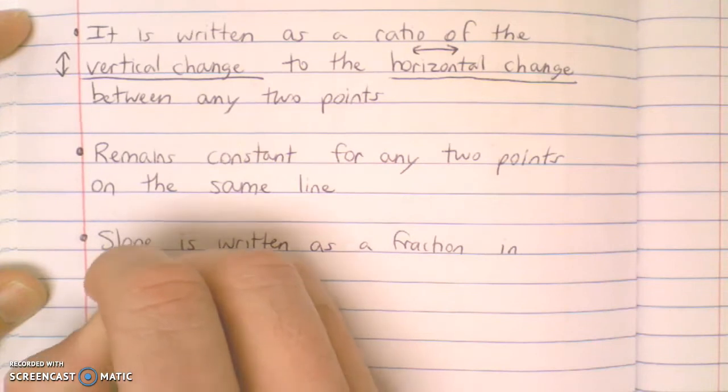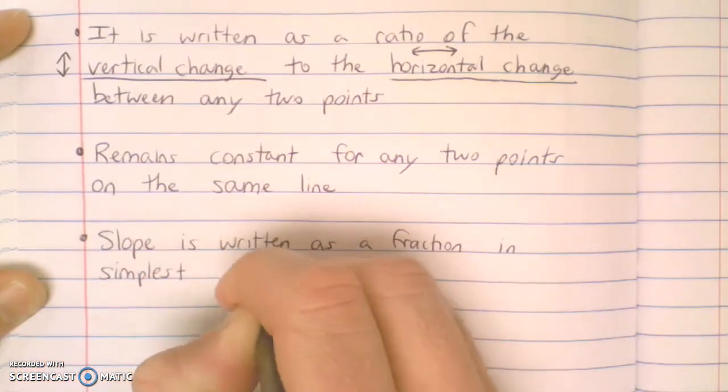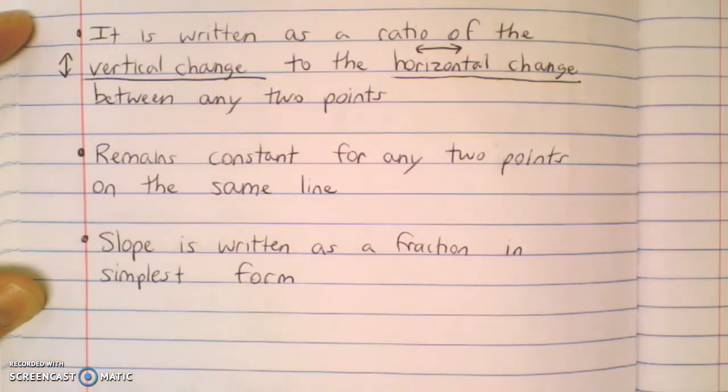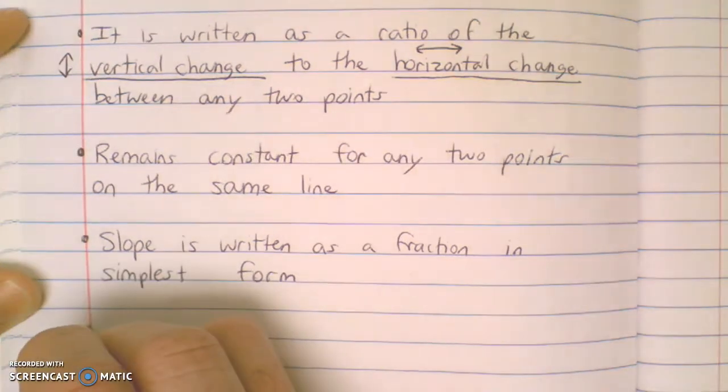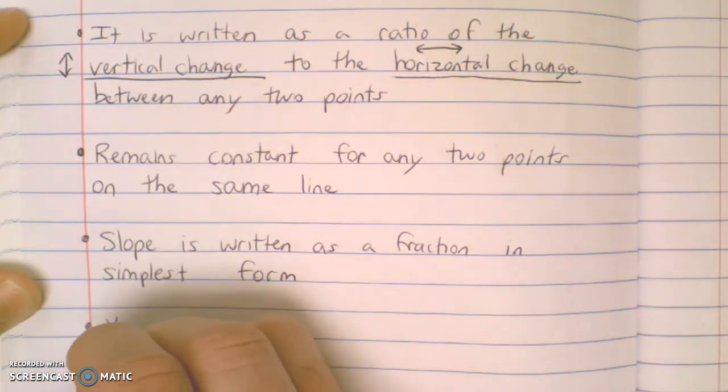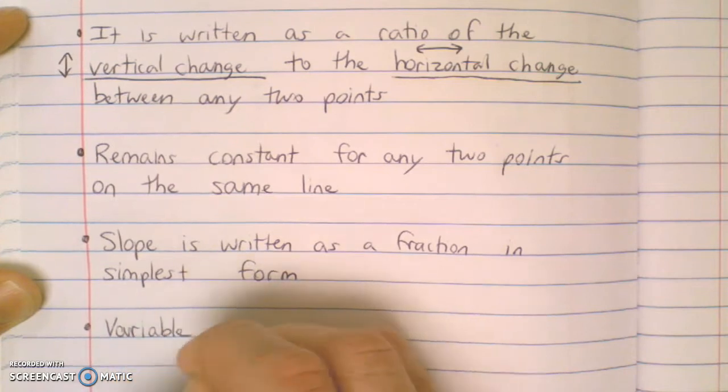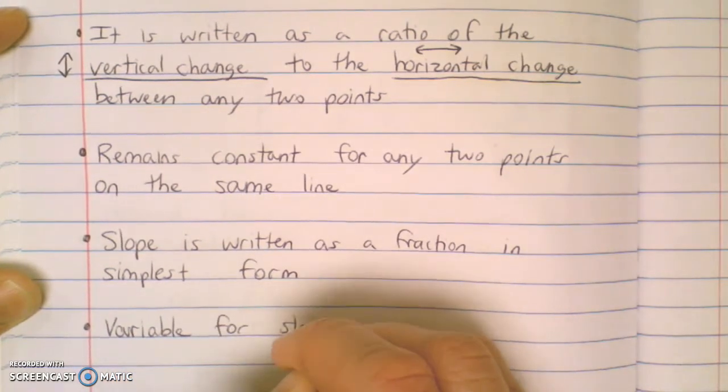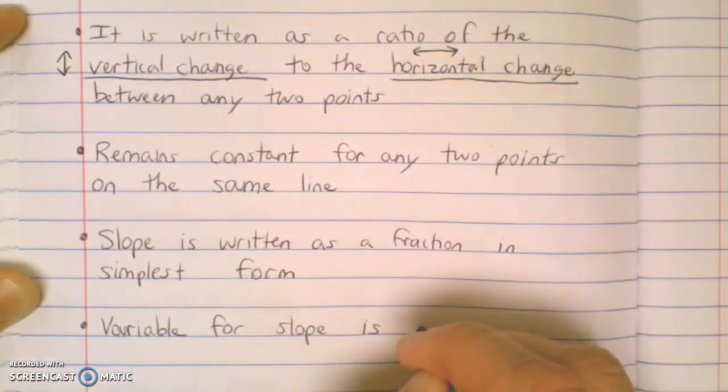So that means you have to reduce it if you can. And the variable for slope is the letter m.